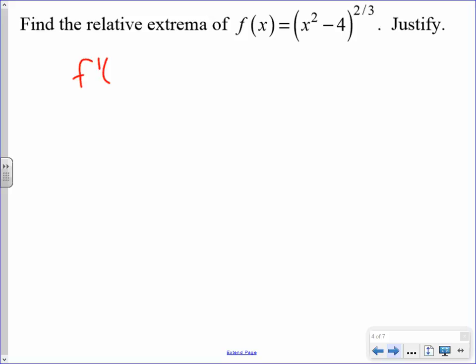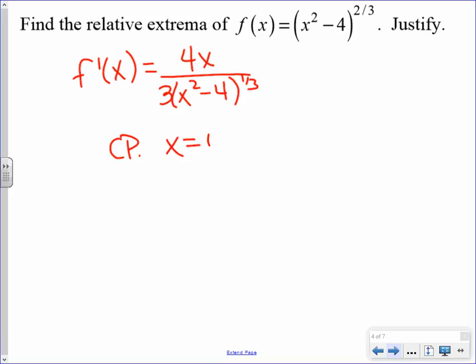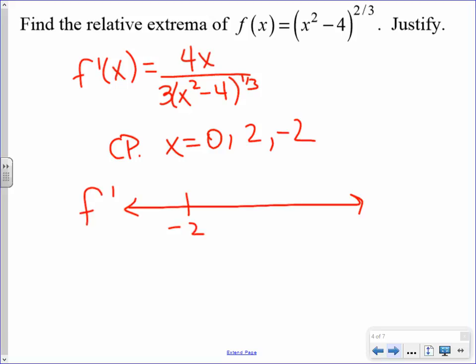Okay, so yesterday we found our derivative to be this. And we identified critical points at 0, 2, and negative 2. This is the same as yesterday, right? Oh, shoot, is this different? Well, then, let's start over.